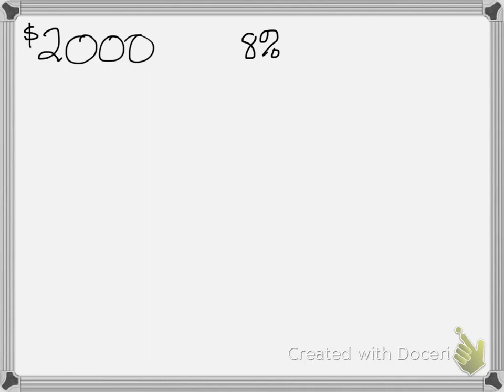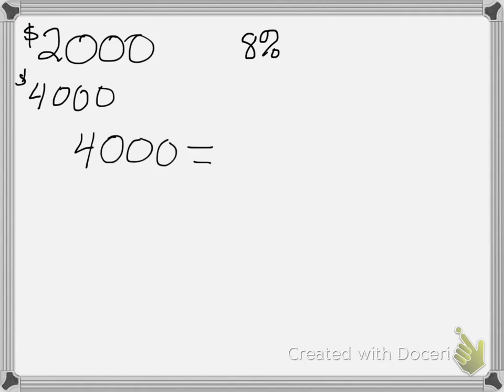So, well, double that amount would be $4,000. So she sets up the continuously compounded equation. Says 4,000 equals 2,000 times E raised to the interest rate, which is 0.08 times T, because she wants to know how long it's going to take to double.